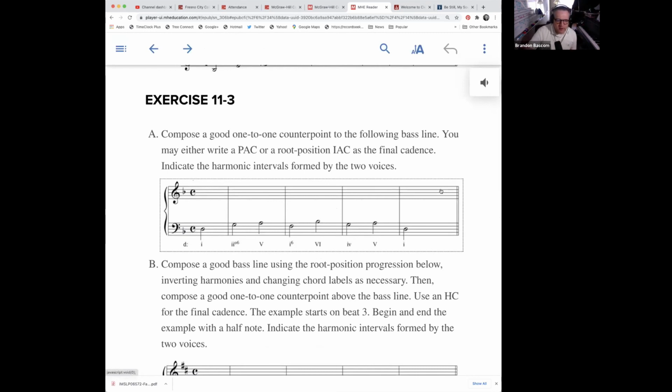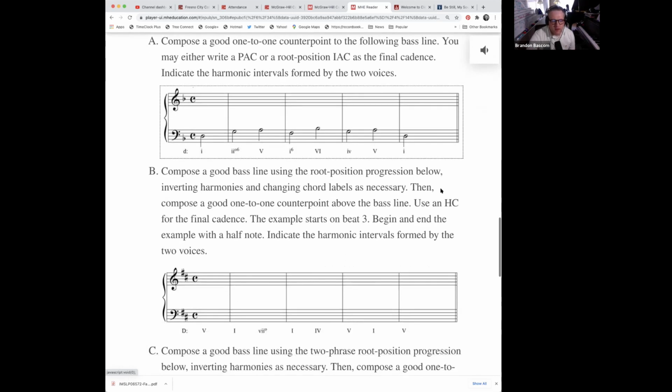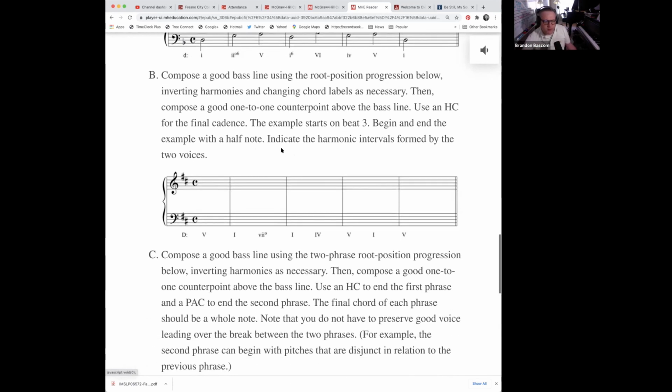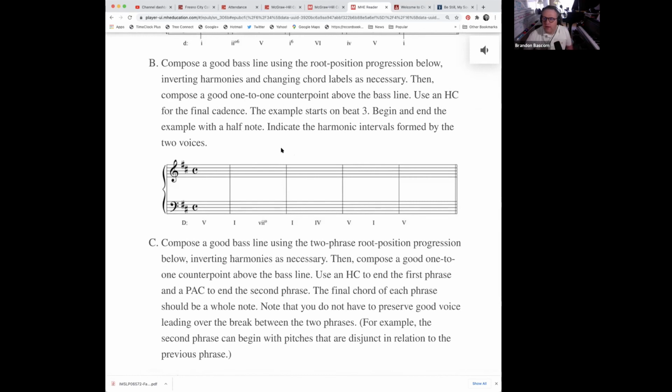You can write either a PAC or a root position IAC as the final cadence, indicating the harmonic intervals. So what we just did, and then B is what we just barely did. And that's page 90, letter B, in your workbook assignment. Are we all right with that?